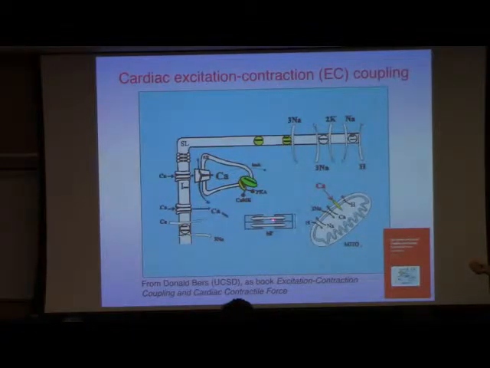And now what's important is, now that we've activated it, how do we shut down the system? Calcium can go back into sarcoplasmic reticulum through something called a SERCA pump. SERCA pumps use ATP, so it's using energy to actively pump that back in. Again, this is a specialized system.